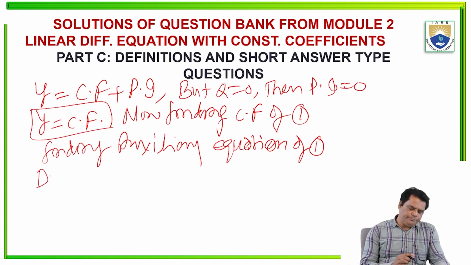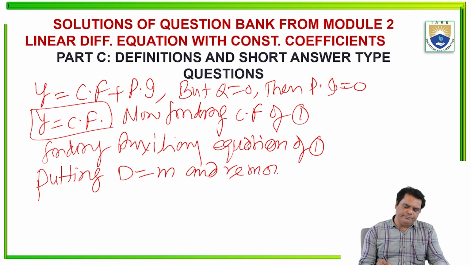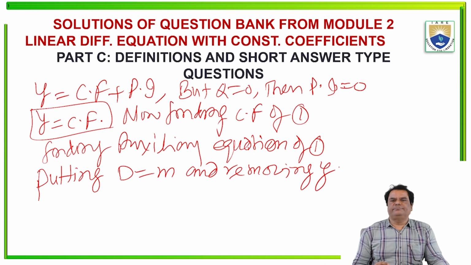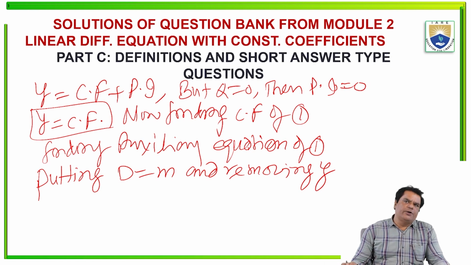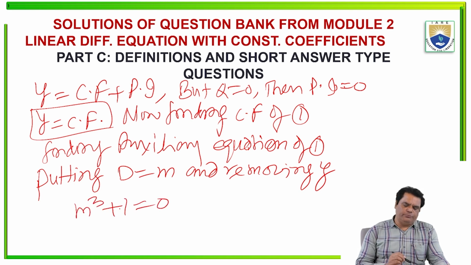Putting D equal to m and removing y. So we get m cube plus 1 equal to 0. This is equation 3.